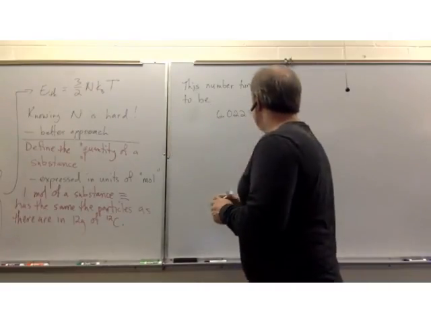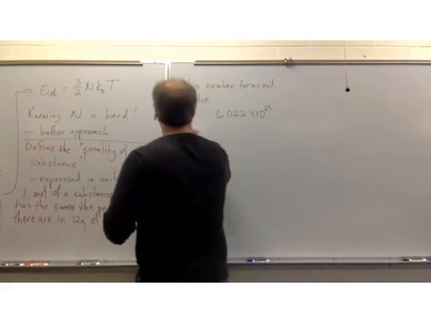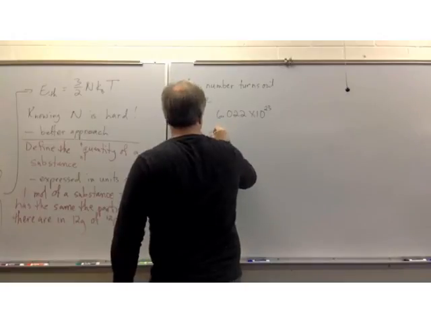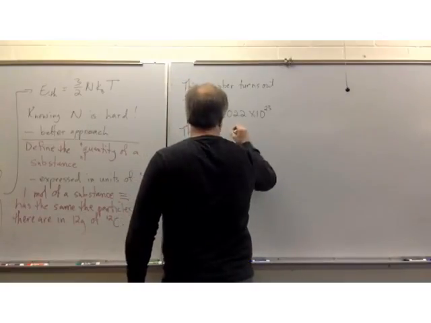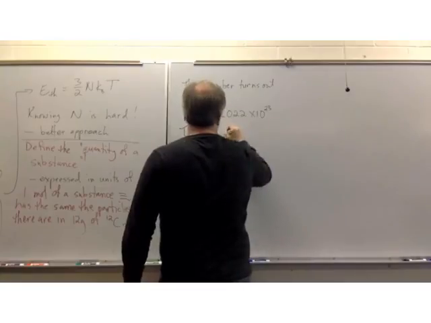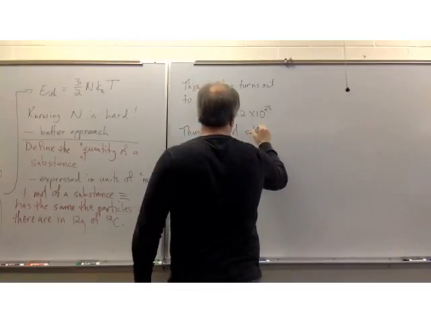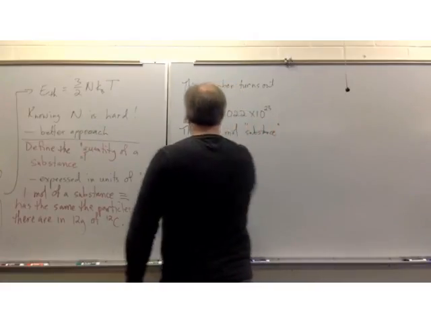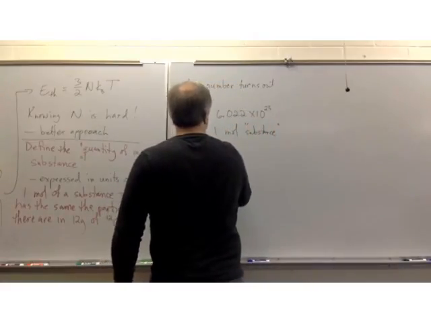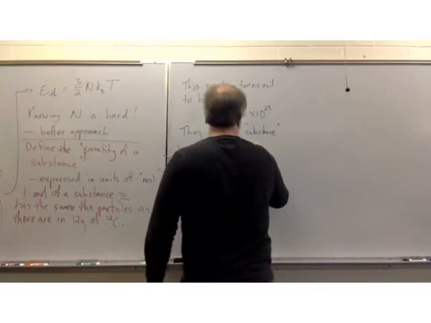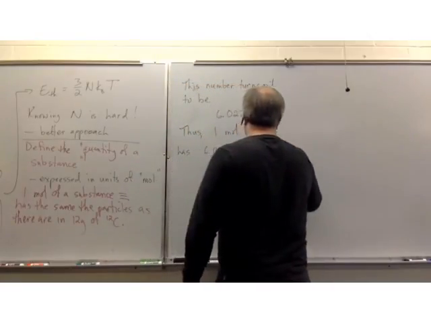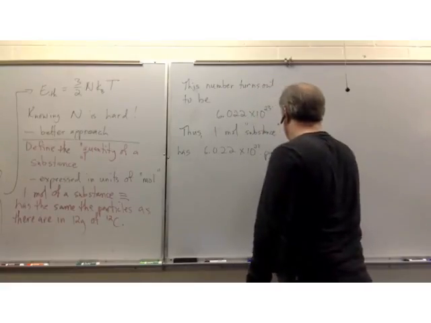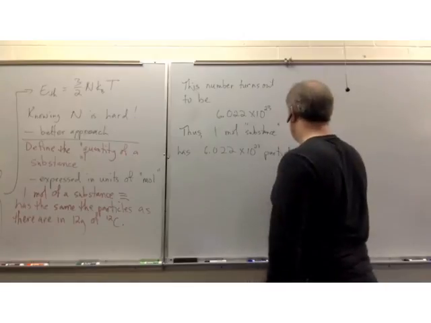Anyway, it turns out to be 6.022, and so we say one mole of whatever substance you have has 6.022 times 10 to the 23rd particles, or we can talk about the number of particles per mole.